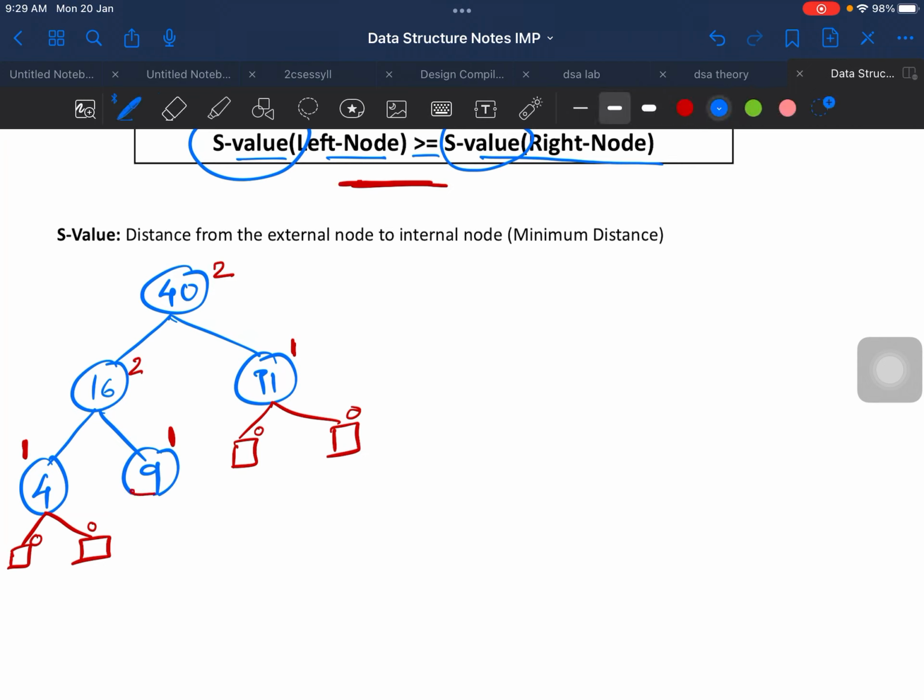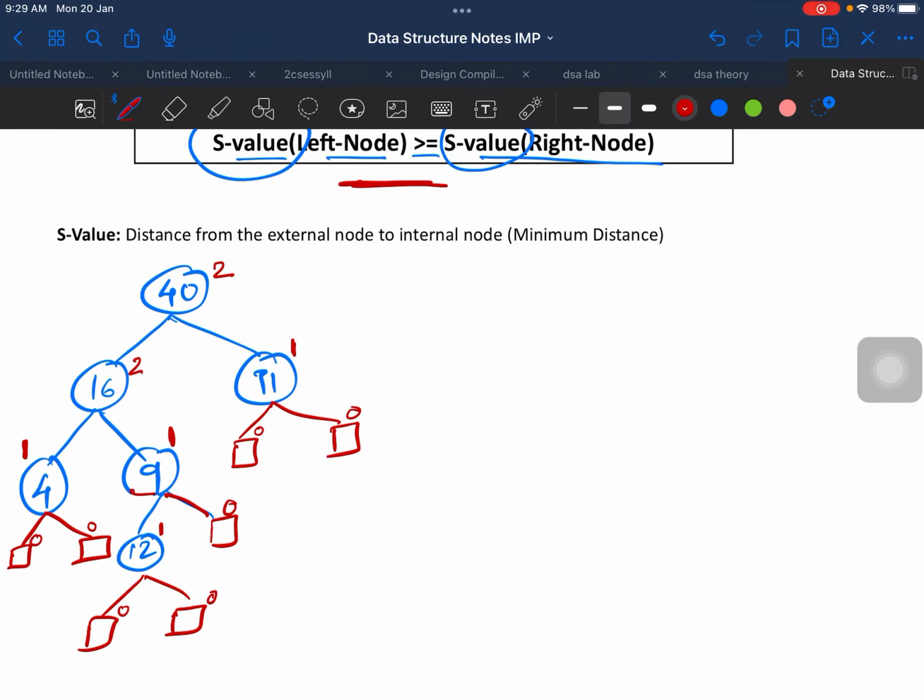So here I have 9 and this is my 12. Now here I will have one external node, and 12 has external nodes. External node s value is 0, 0, 0. And the s value of this 12 is 1, because 1 is the distance from the external node.